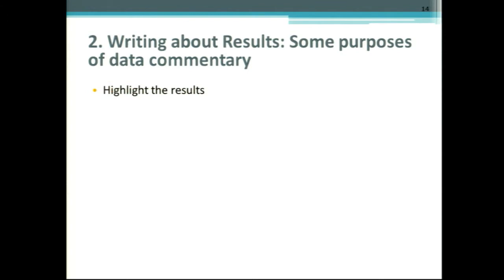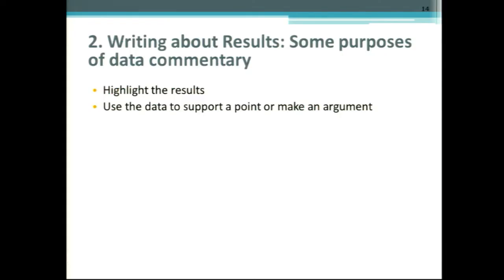You have worked with your data for a long time. You've prepared your figure. You've played around right and left. What's important about the data becomes very obvious to you, but it's not going to be obvious to the reader right away when they just look at the data. It's fast there. So you need to take some time to highlight what is most interesting in the data.